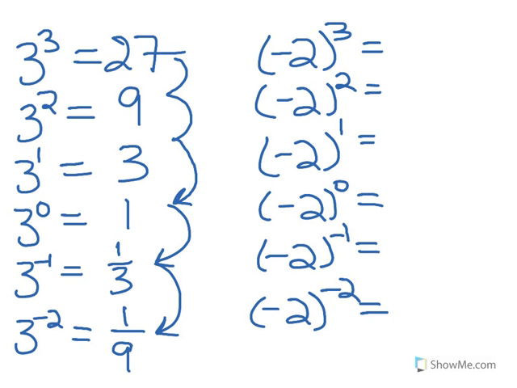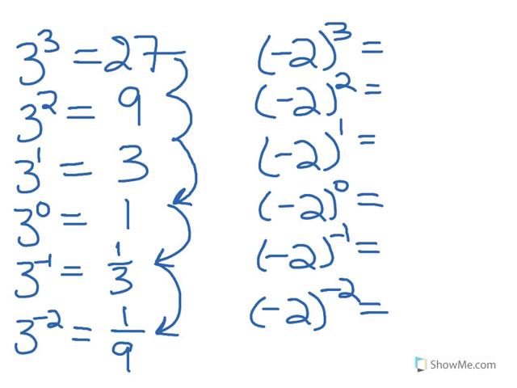And when we have a negative exponent, the result is going to be the same power, but it's going to be placed in the denominator of a fraction. Whereas before, when the powers were positive, the power was placed in the numerator of a fraction. Notice that the negative exponents don't make the results of the calculations negative.